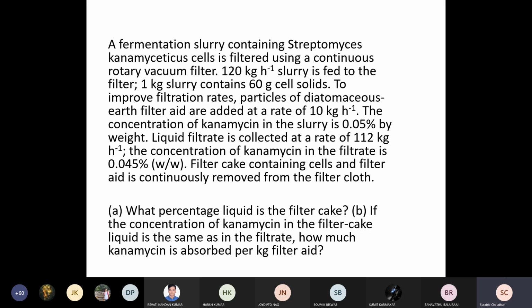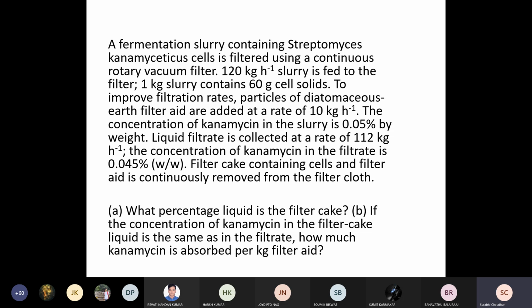So after we do the fermentation for production of the antibiotic, we get the slurry where we have the microorganism that is a solid and our antibiotic is present in the liquid from which we have to filter. So here we are using the filtration. In the filter, we are feeding 120 kg per hour of our slurry. It's a continuous filter.